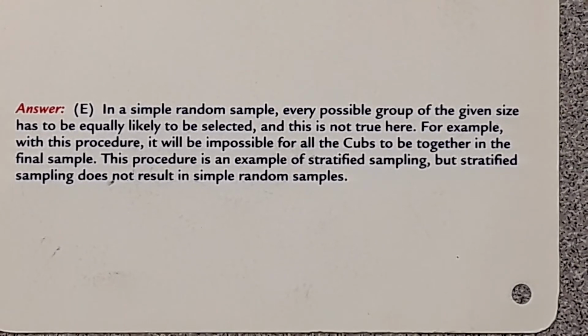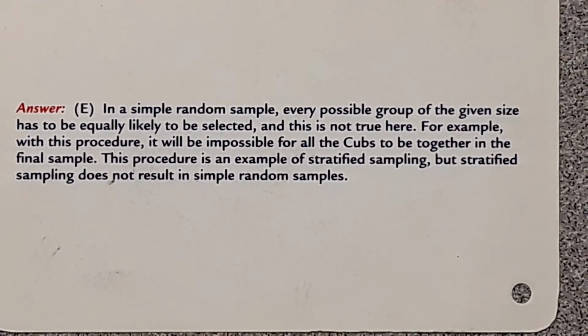So last night, the question you missed, they said they did a simple random sample of men and they picked a simple random sample of women. And you guys fell for it because you thought, oh, hey, they picked a simple random sample and then they put them together. You guys, they stratified that as soon as they said, oh, hey, we're gonna do a sample of women, we're gonna do a sample of men, and then we're gonna throw them in.